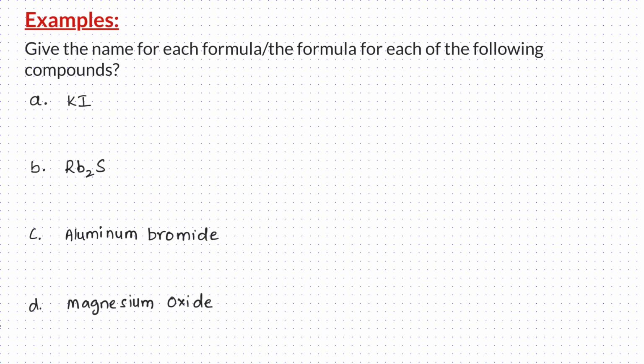First, KI. KI consists of K+ cation and I- anion. K+ is named as potassium and I- is named as iodide with the suffix IDE. The name of KI is potassium iodide.